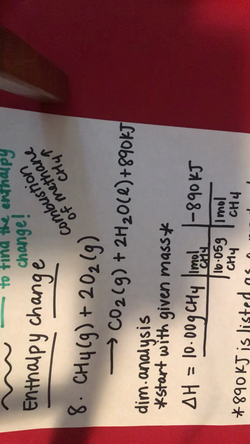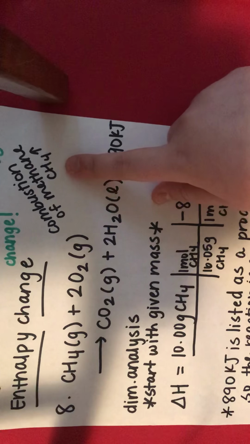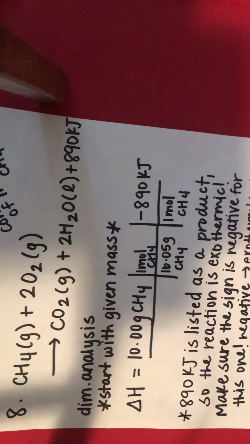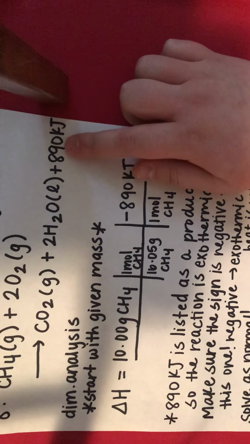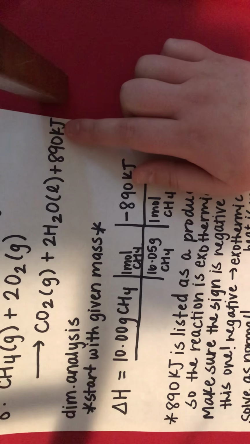And then we have enthalpy change. I'm not sure if this will be one of them, I can't remember, but this one was number 8 on the study guide, the combustion of methane, CH4. You just do dimensional analysis for this one. We are given the delta H, 890 kilojoules, and when you have this energy or heat as a product, it's an exothermic reaction, so it has to be negative.